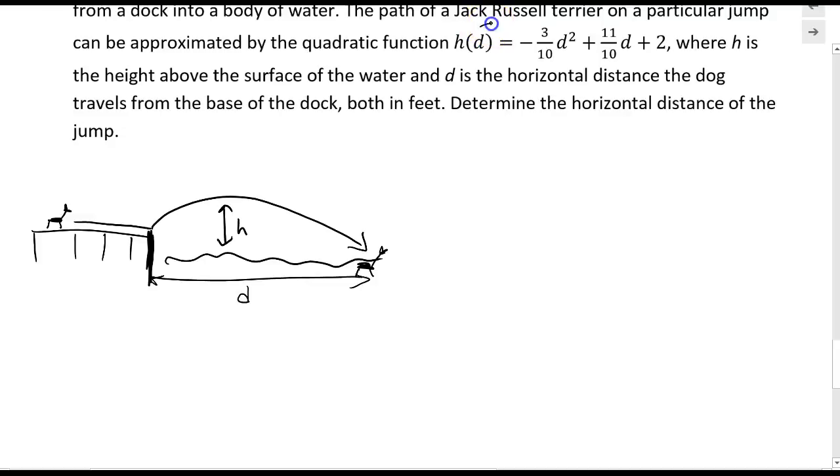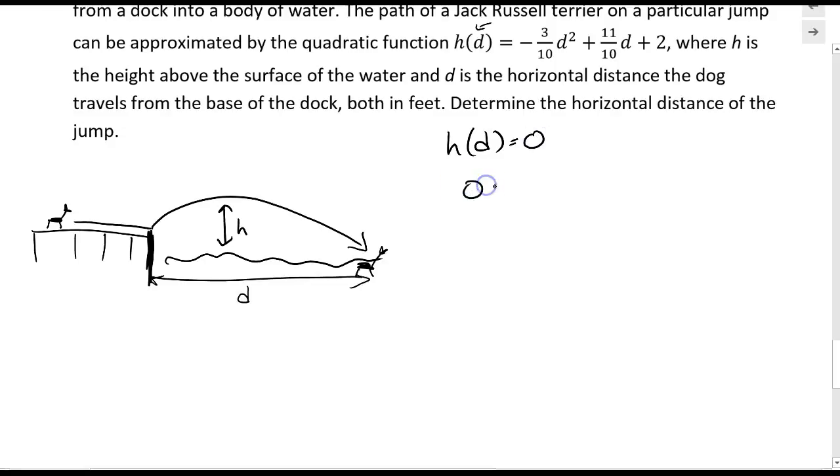Because it's my input here. So what is the height when he hits the water? Well, it would be 0. So we're going to plug in the height equals 0, and we're going to solve for d.